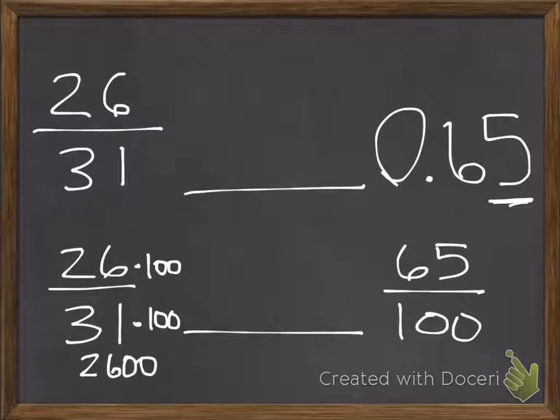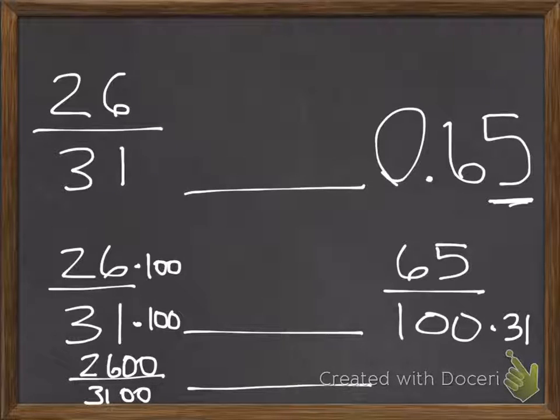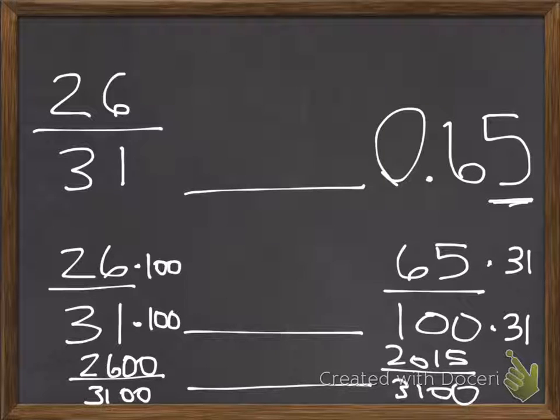So I have 2600 over 3100 compared to 2015 over 3100. So I can clearly see that 26 over 31 is the greater fraction.